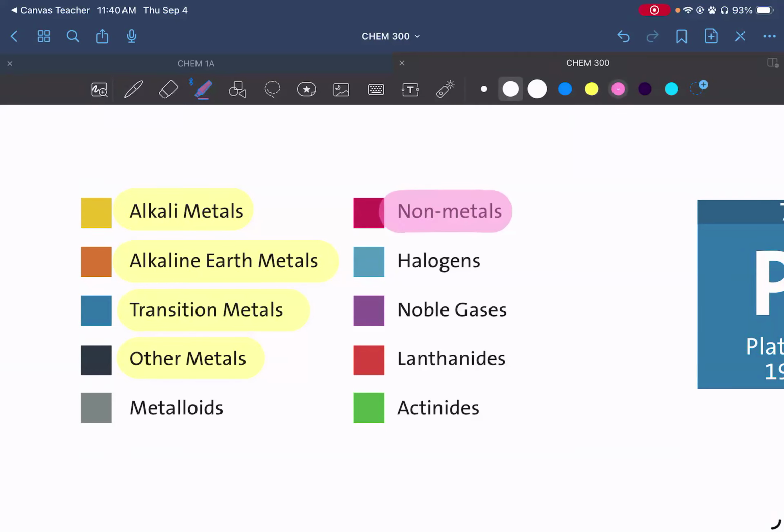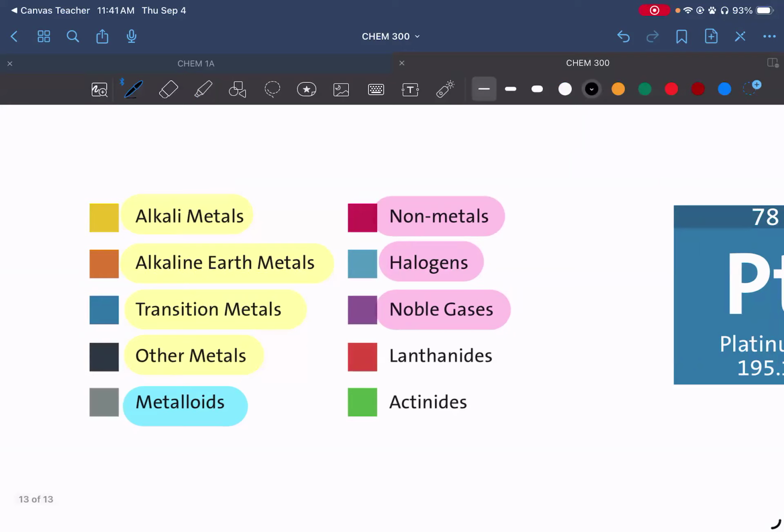There are also non-metals, such as the halogens and noble gases. And metalloids are considered metals, but may sometimes share properties with non-metals, so they're sometimes ranked in their own category.